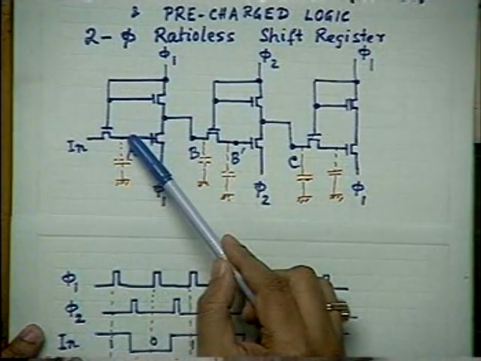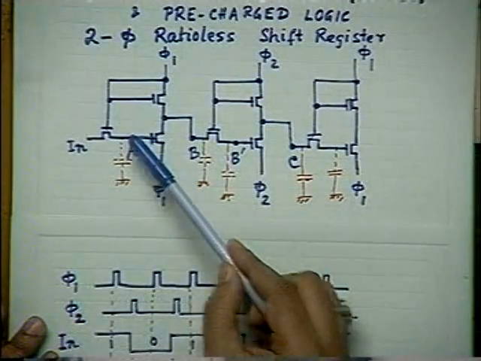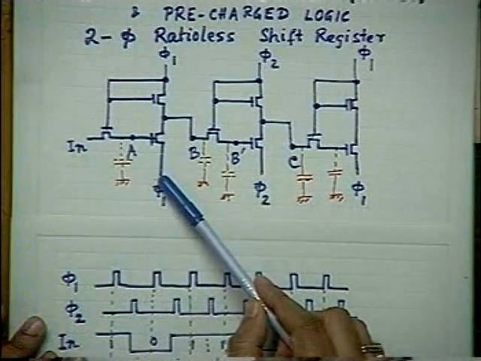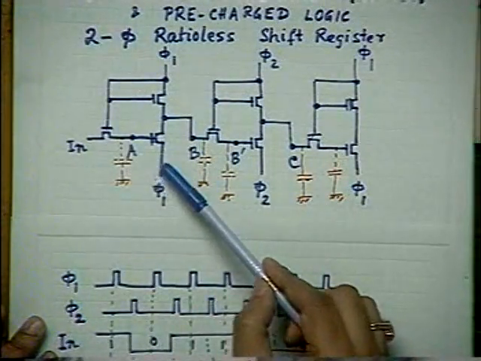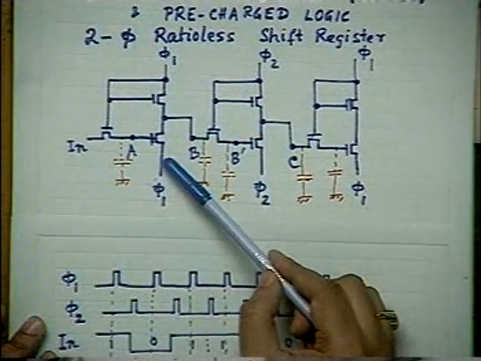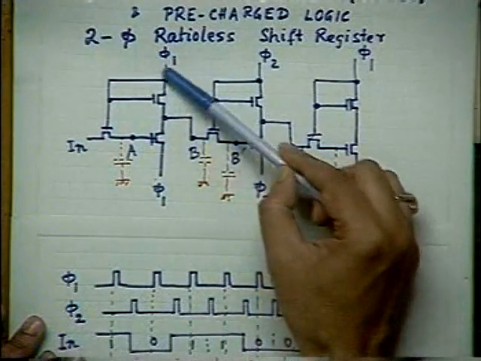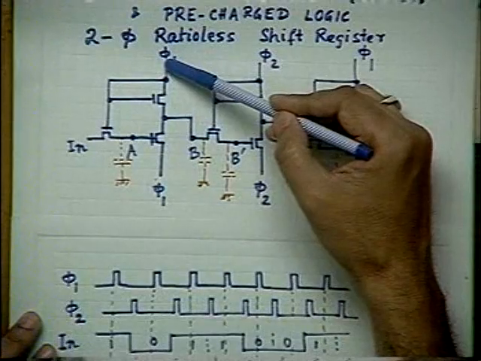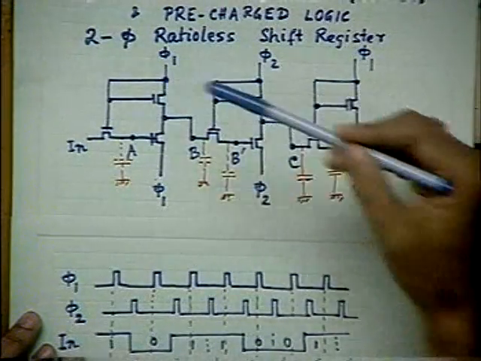But when A is low, then when phi 1 is 0, naturally it is off. And when phi 1 is high, then also it is off, because you can consider it as drain. So A being 0 means this transistor is off. What about this one? You just see that when phi 1 is high, both the drain and gate are at the same potential.